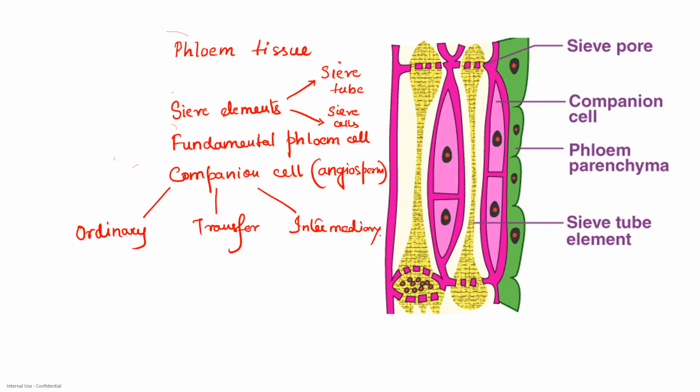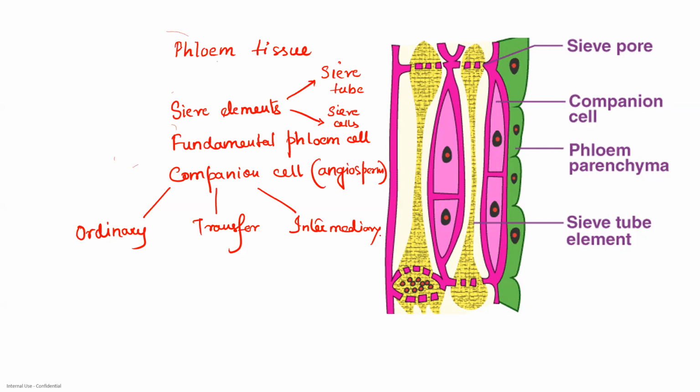Fine. The transfer cells are like the ordinary companion cells, but they have much folded walls that are adjacent to non-sieve cells, allowing for larger areas of transfer.